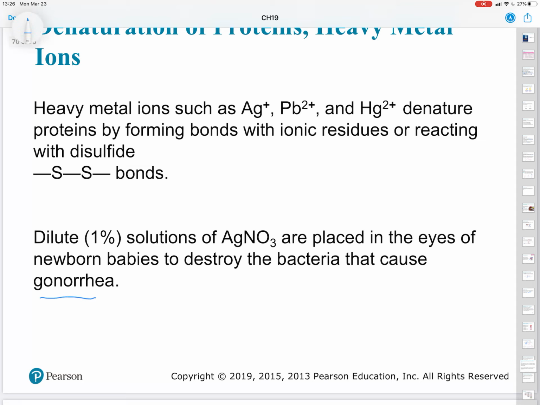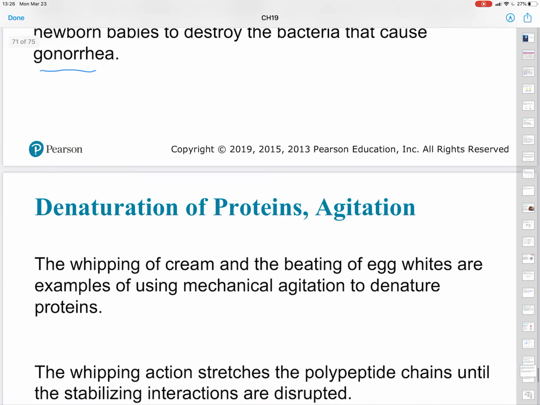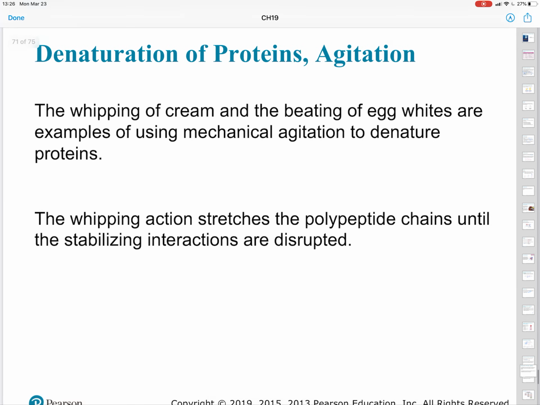Babies that are born that might possibly have gonorrhea, they can put silver nitrate in their eyes because that will go and kill that gonorrhea. And if you've ever made whipped cream or beat egg whites, then you've used mechanical agitation to denature a protein.